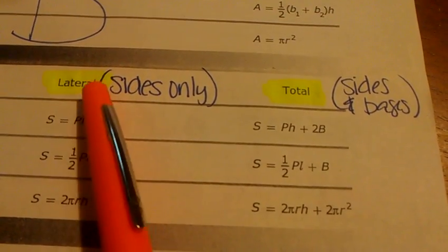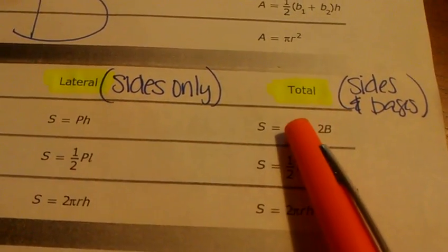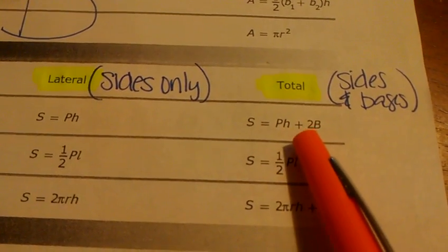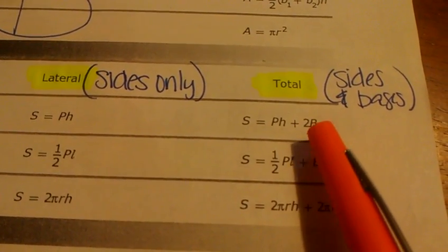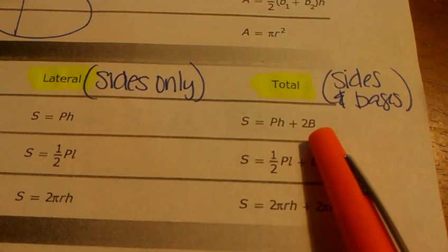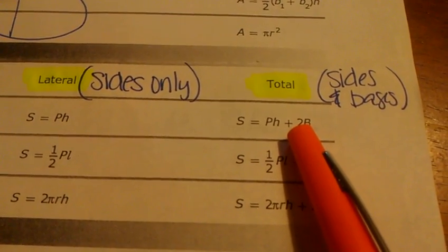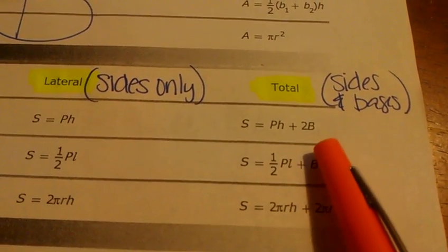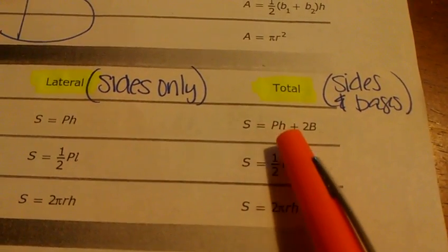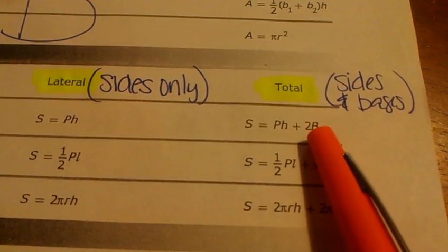Your lateral surface area is all your sides. So right here, this is all your sides, and then you're going to add 2 times capital B. Capital B stands for the area of your base. Why do we times it by 2? Well, because there's 2 bases. There's one on the top and one on the bottom. So this is lateral plus 2 area of your bases, basically.